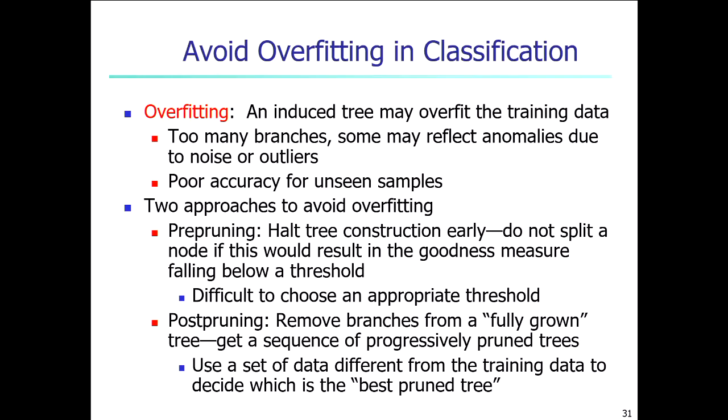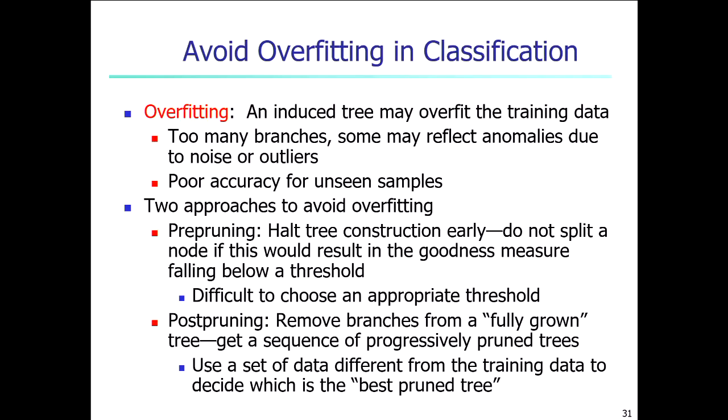So for pre-pruning, you need to decide whether you split or not split a node based on a threshold, to help you justify whether it will improve the goodness measure.